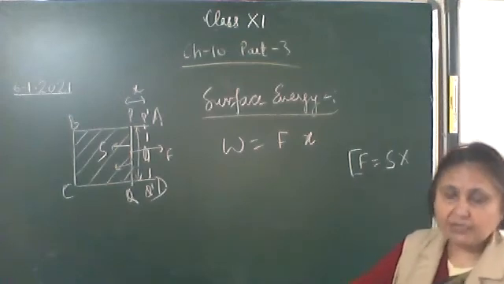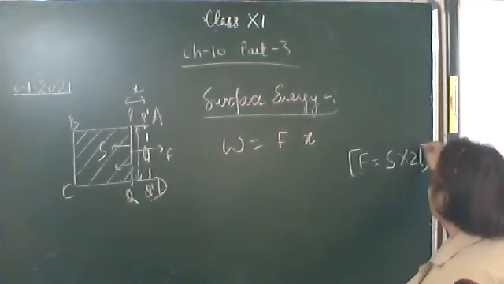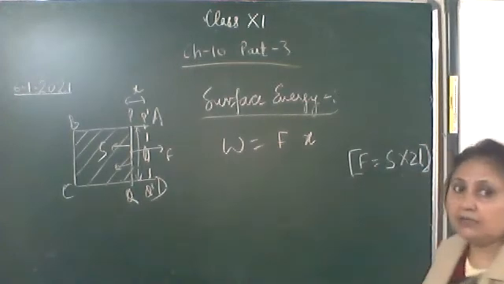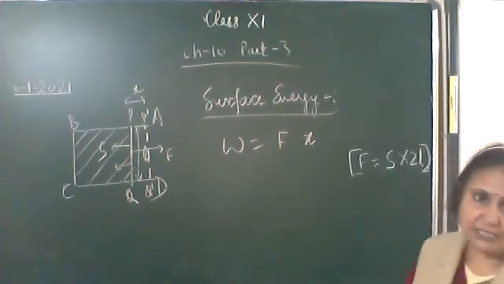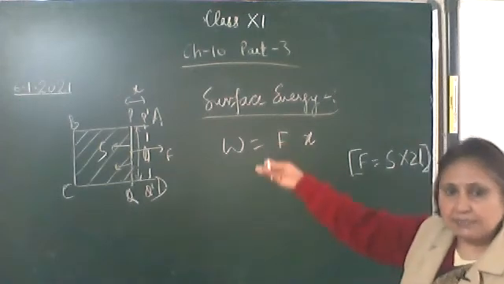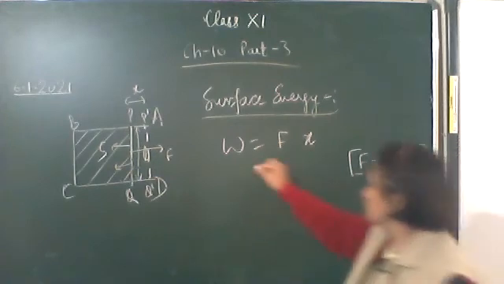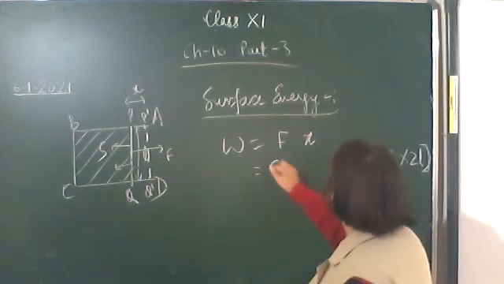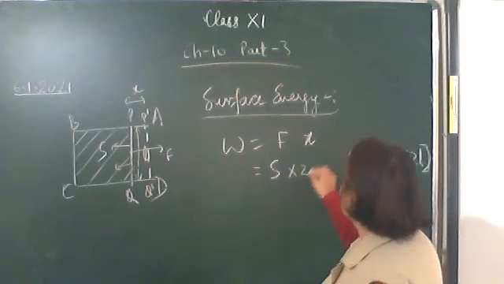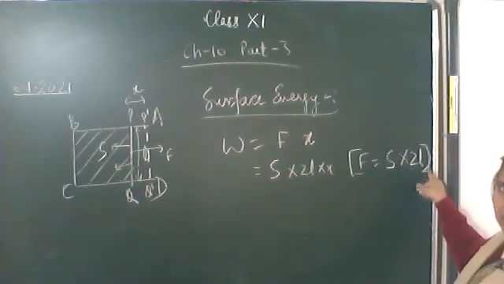As there are two free surfaces, what will you write here? 2L. Why 2L? Because there are two free surfaces, the front surface and the back surface. So that is why we have written 2L.